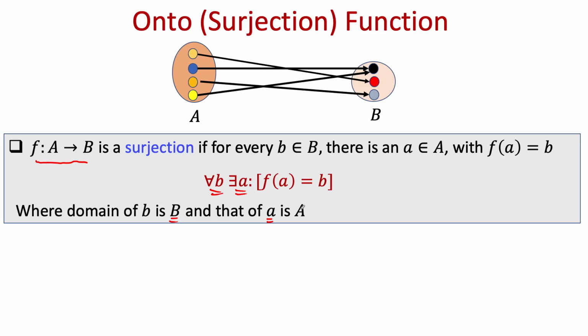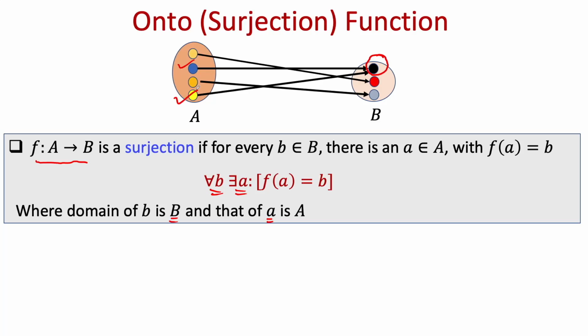So pictorially, you take any element from the set capital B, there should be at least one pre-image for that element. It might have multiple pre-images as well. So for instance, if you take this particular element, it is the pre-image of two possible elements. It is the pre-image of this element as well as it is the pre-image of this element. Well, that's fine, right?